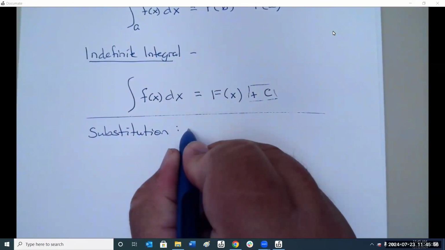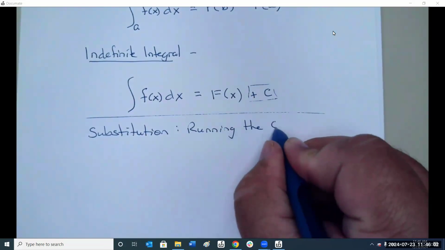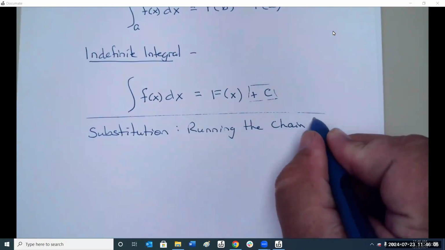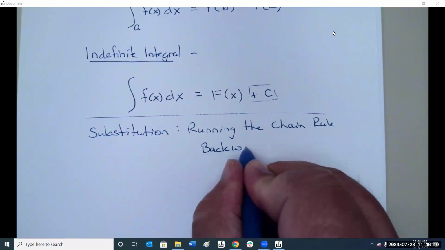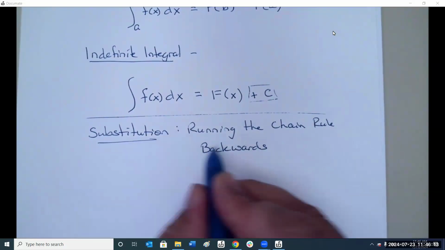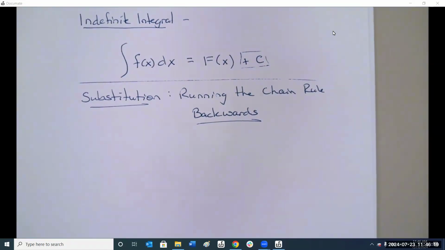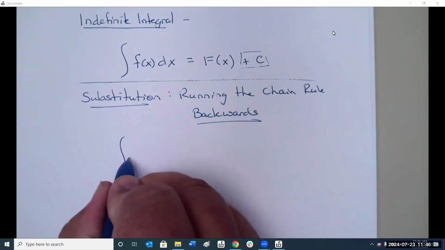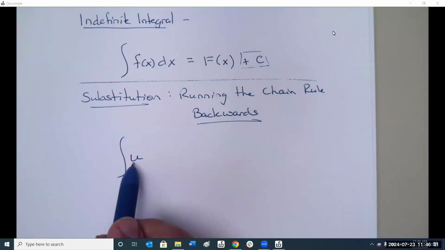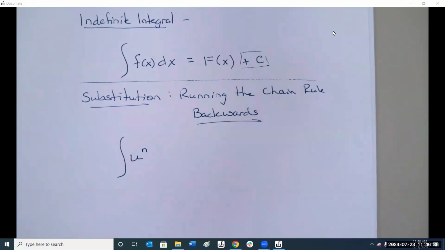Substitution method. Running the chain rule backwards. Remember, we're doing substitution, so our function with respect to x is going to be defined by u raised to some power.